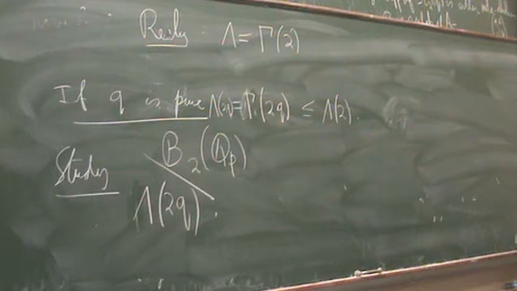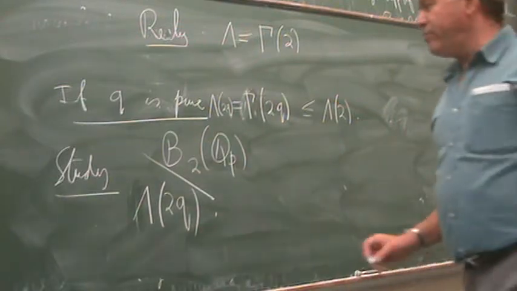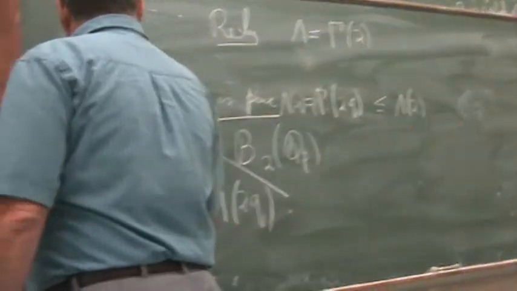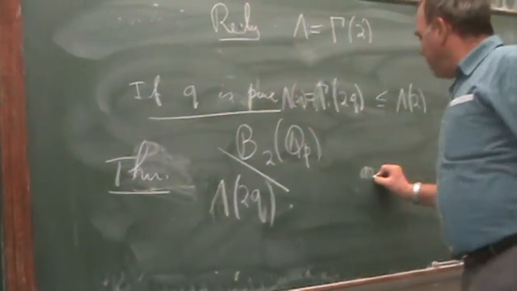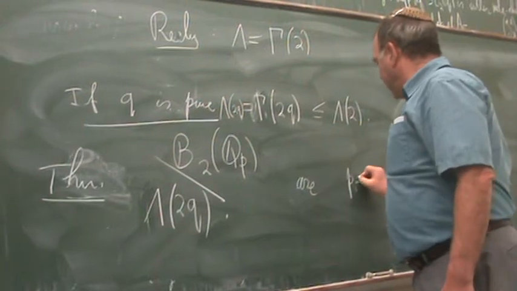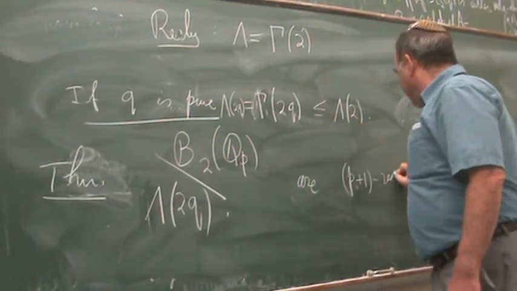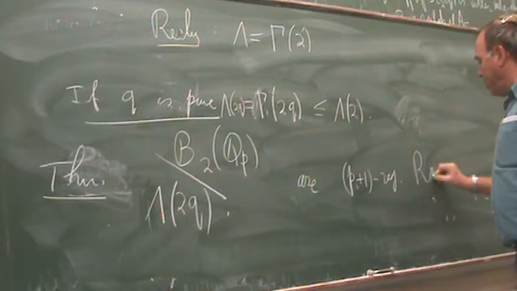Why? Did I tell you that already, as a black box, that these are Ramanujan graphs? I told you that or not? Right, the theorem is: if you take congruence subgroups, these are Ramanujan. We know that these are p plus 1 regular Ramanujan graphs.